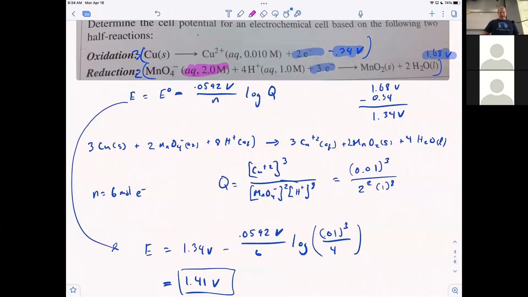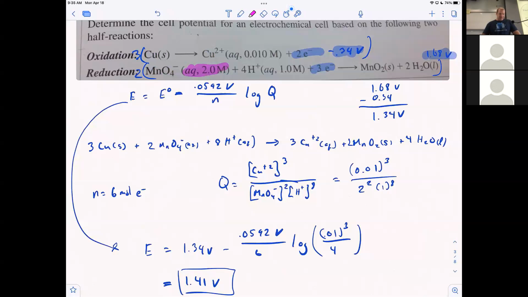As this battery goes, it's going to keep on going until the copper is corroded or all the permanganate disappears. So that's the battery's going to go until it dies. It's going to die because the anode goes away or the cathode just runs out of reactants too.